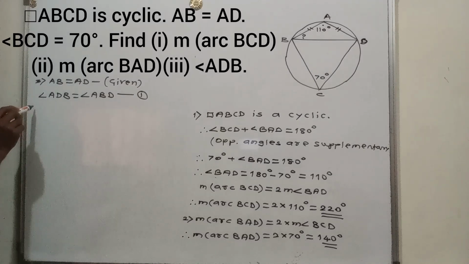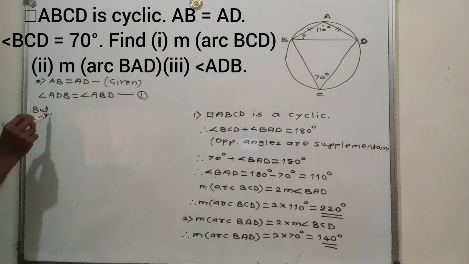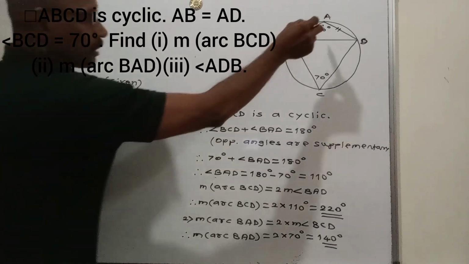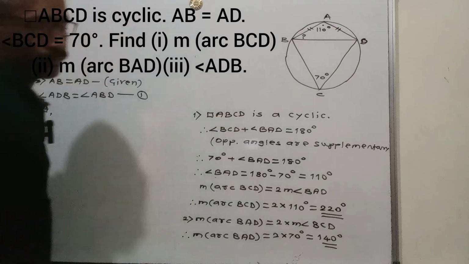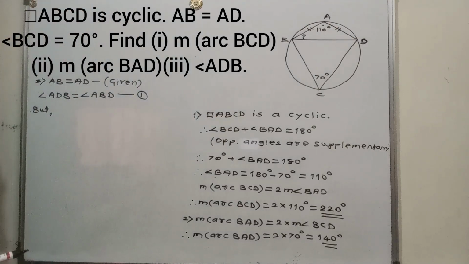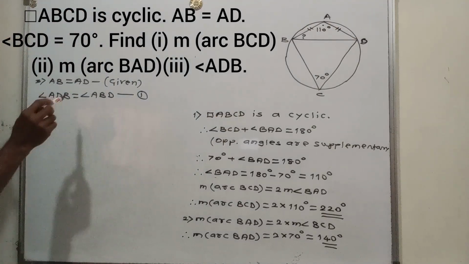Okay, but see here, the sum of the measures of the angles of a triangle is 180 degrees.